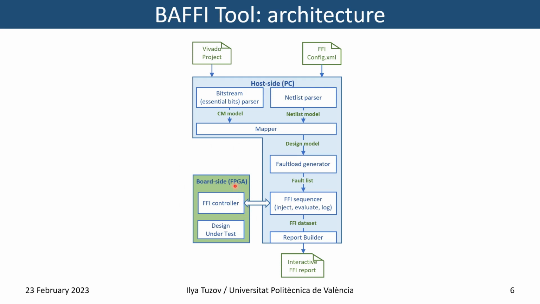The FFI controller is responsible for manipulating the content of configuration memory to inject and to remove faults, and in some cases also for supplying tests to the design under test, and also for analyzing the fault effects. In the case of plain FPGA, this FFI controller is represented by a MicroBlaze processor, or it can be also represented by a hardwired ARM core in the case of a SoC device.